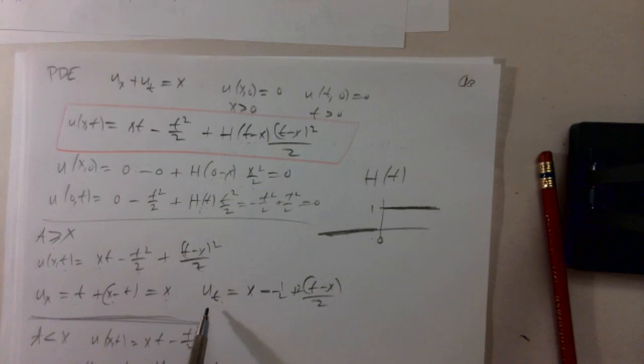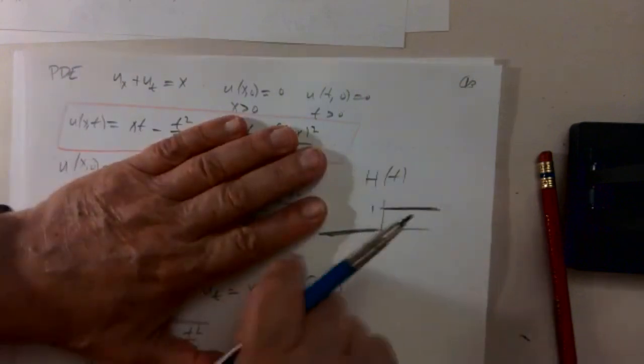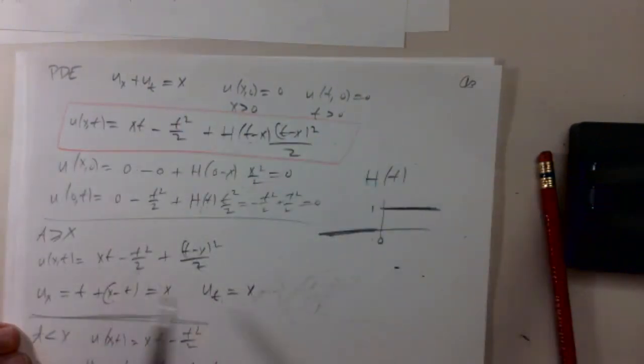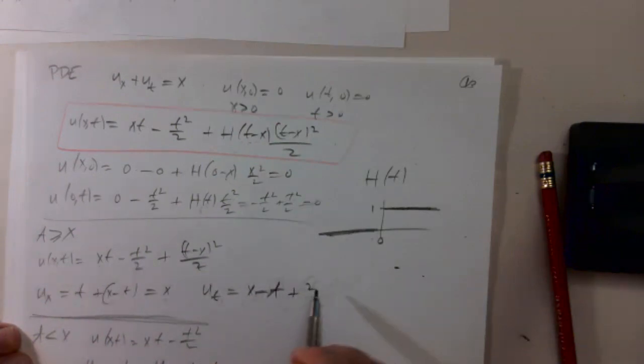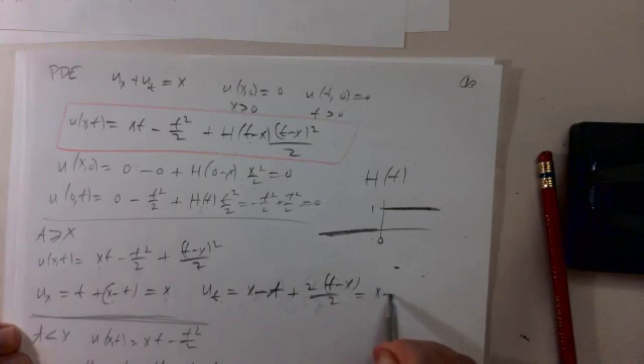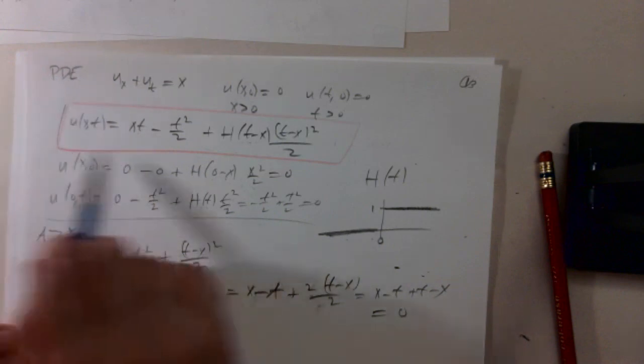If I differentiate with respect to t, I get x minus t plus 2 times (t minus x) over 2, which is x minus t plus t minus x, which is 0. So this plus this is x, and that also checks. So it works.